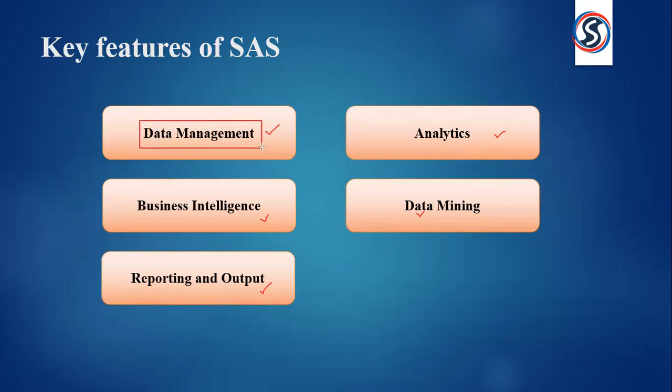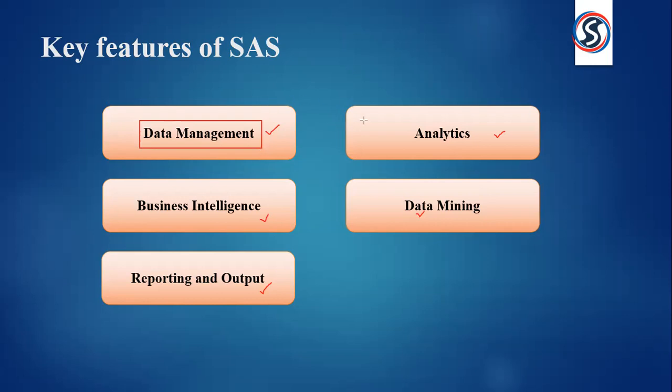SAS provides powerful data management, data manipulation, and transformation capability. It supports data integration, data cleaning, data quality assessment, and data extraction from various sources. SAS also allows you to import and export data in different formats and merge data sets, filter and sort the data, and create new variables.